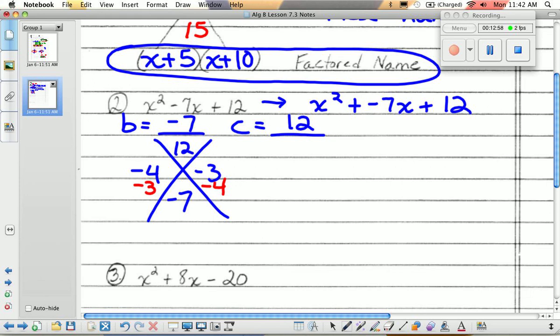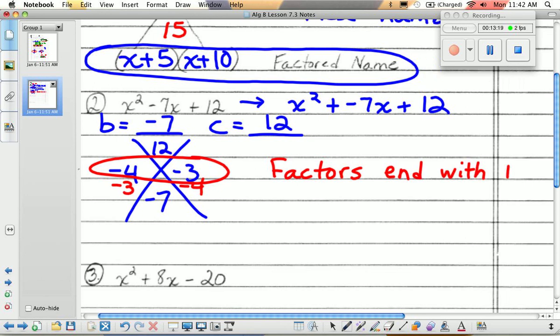So now remember that means these two numbers are what our factors end with. You don't have to write that every time in your homework, but in your notes you want enough information to have a good guide to follow.